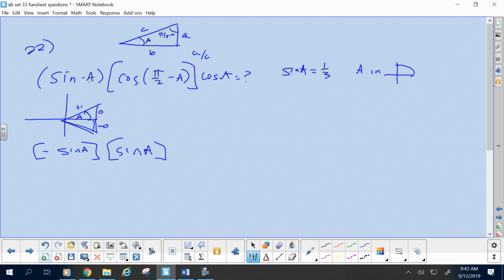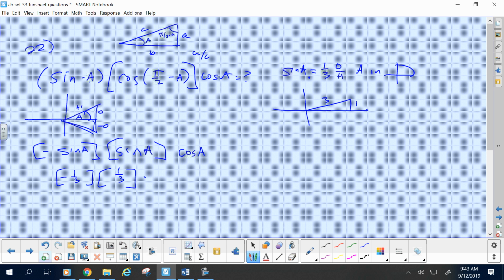All right, and then cosine of A is cosine of A. Cool. What about negative sine A? Given that we know sine of A is 1/3, negative sine of A is negative 1/3. The only gotcha left is cosine of A. Draw a triangle here. It says that this opposite to hypotenuse ratio is 1:3. And it's in the first quadrant. So if the opposite is 1, the hypotenuse is 3, what do I need for the cosine?